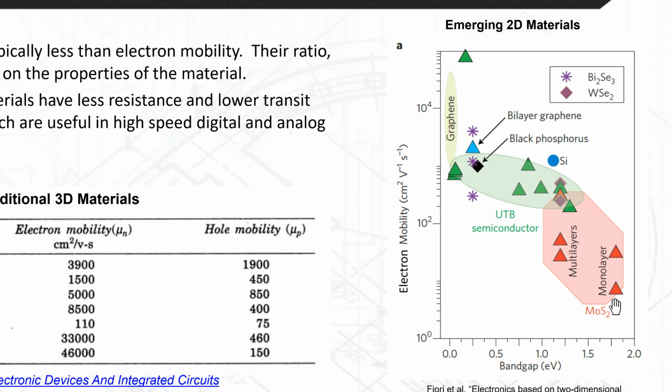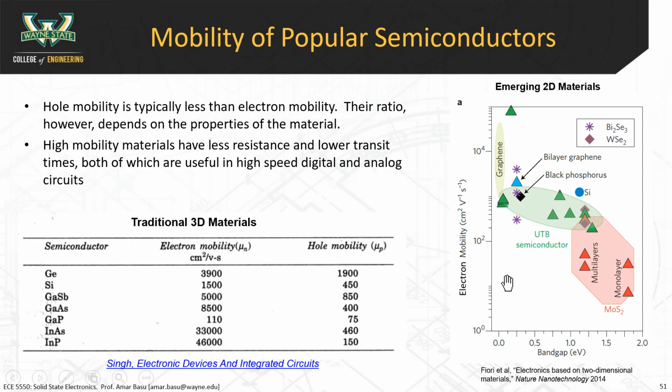I think this was moly, a popular two-dimensional material that has lower mobility but a large band gap. I don't quite remember what the bilayer graphene and black phosphorus were, but these are some materials that were being tried out because of their mobility properties. The point of this slide is to show you that when a new material comes out, researchers often compare it to the existing material set, and they're often plotted out on a two-dimensional map like that.